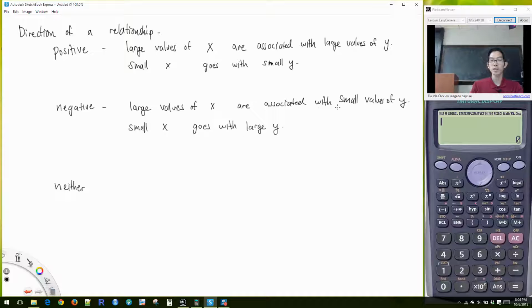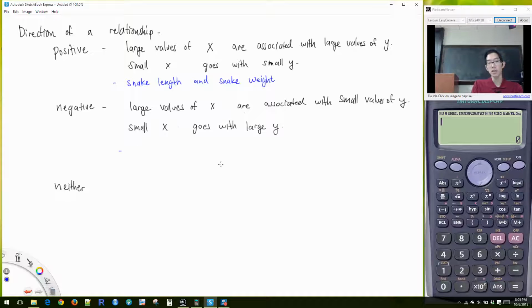So the positive relationship example would be snake length and weight. Longer snakes tend to weigh more, smaller snakes tend to weigh less.